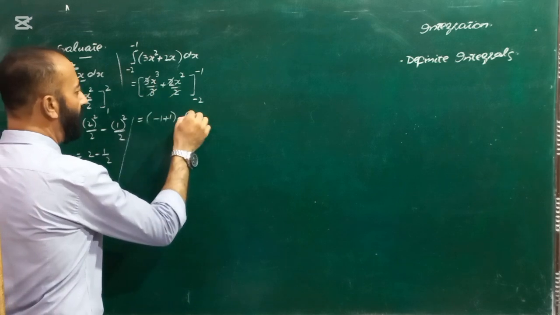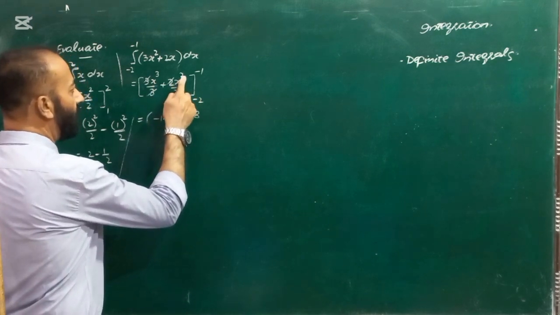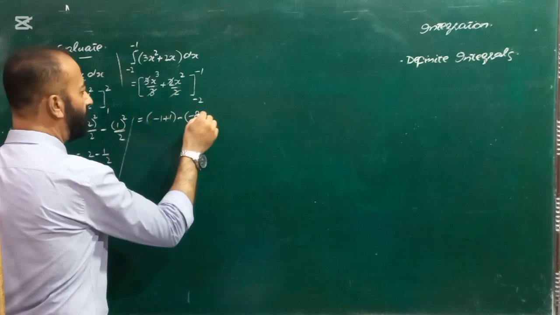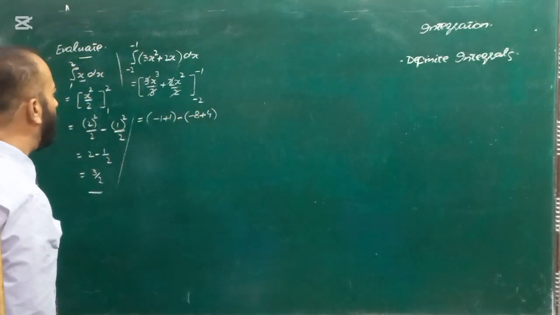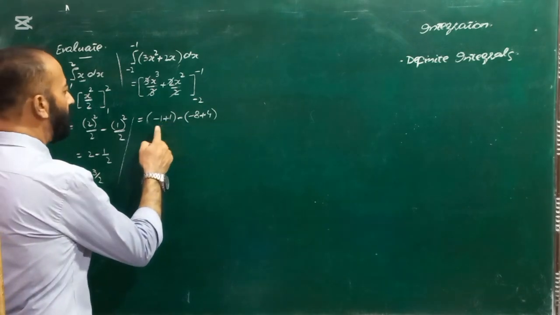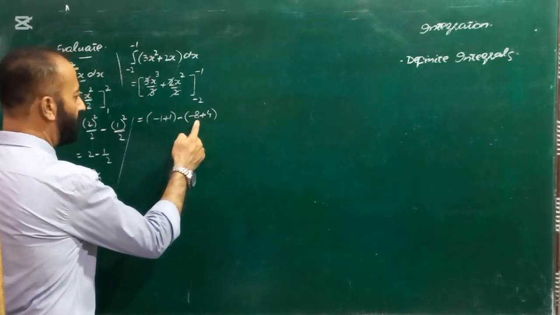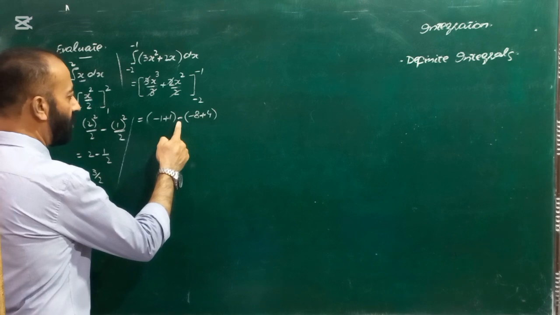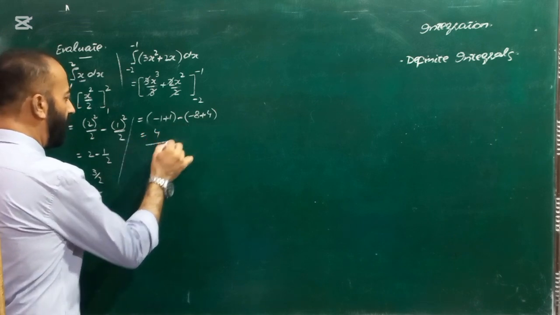Minus 2 cube will be minus 8 and minus 2 square will be 4, so plus 4. In this bracket, these two values will be cancelled, making 0. So in this bracket it will be minus 4, but outside is also minus, so it will be plus 4. So plus 4 is the answer.